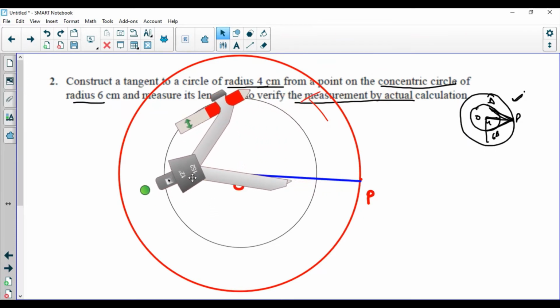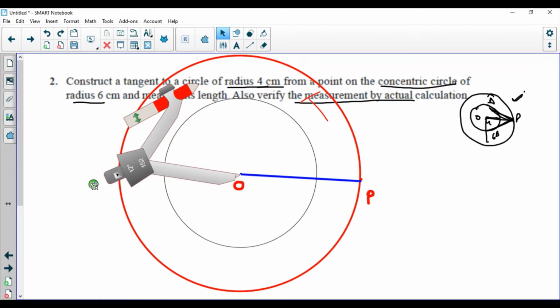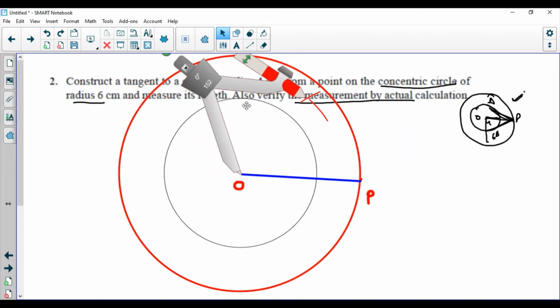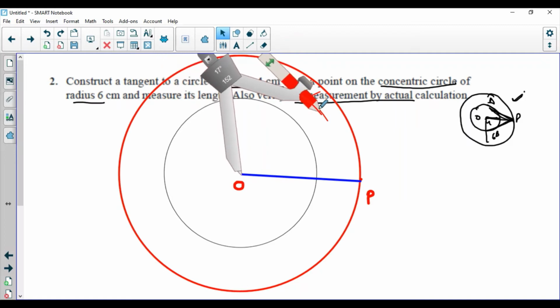One arc below the line, one arc above the line.